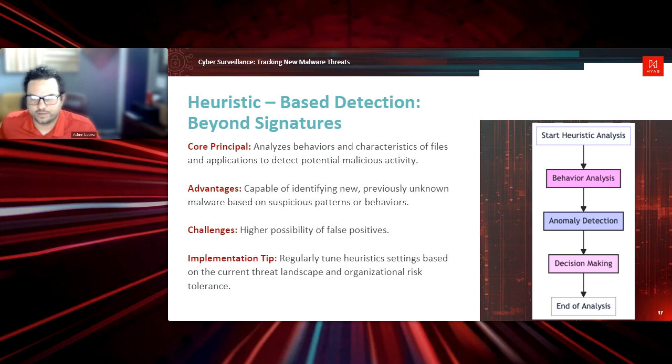So moving into the heuristic-based detections, right? As we start to see an advancement in polymorphic malware, even AI-generated malware, heuristics, while a broad term, really centers around advancements in behavioral analytics, advancements in machine learning, and even into the AI range.